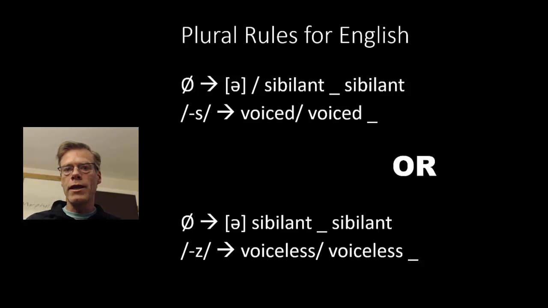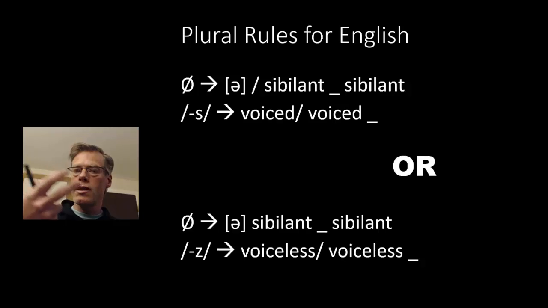So the plural rules for English are going to go something like this. First of all, we need a phonological rule that tells us that between two sibilants, and remember the sibilants are s and sh and z and zh, as well as the two affricates of English, ch and j. It's these sounds that create a lot of white noise.